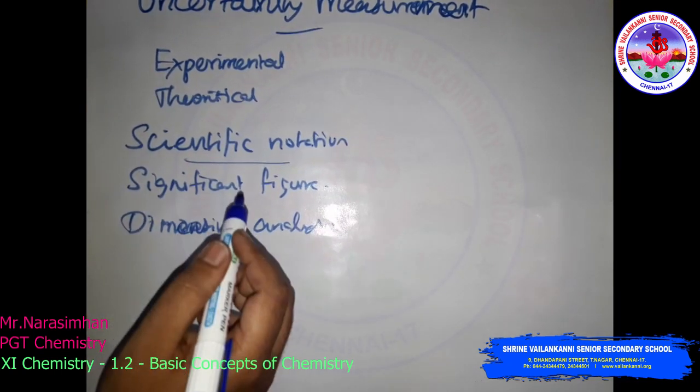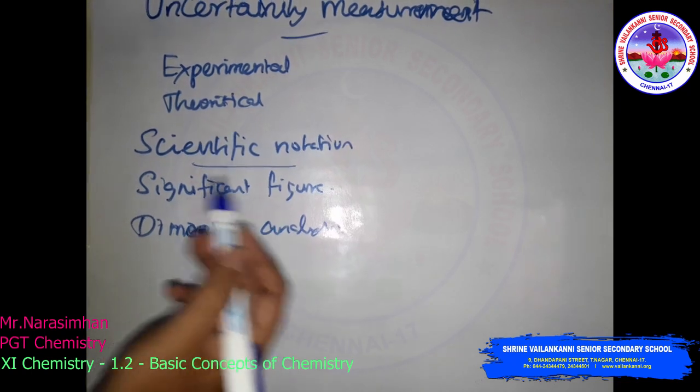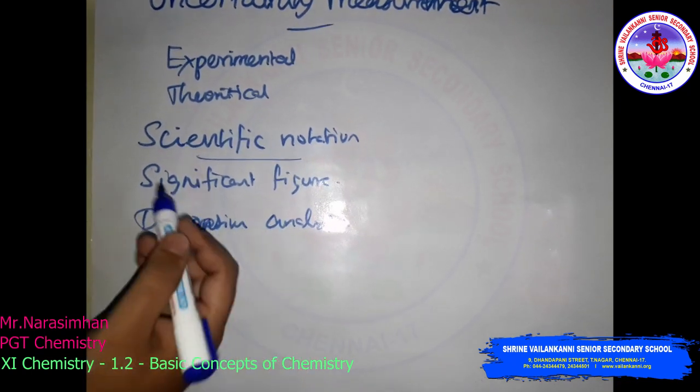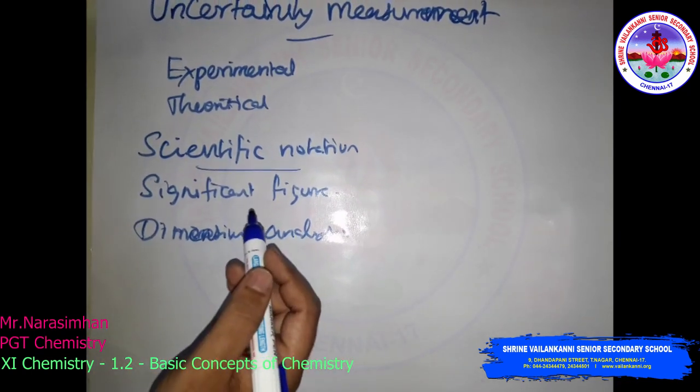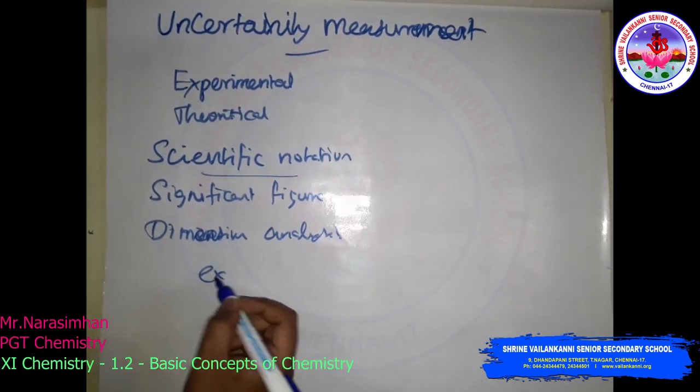We use scientific notation in the study of atoms and molecules, which have extremely low masses and are present in extremely large numbers.